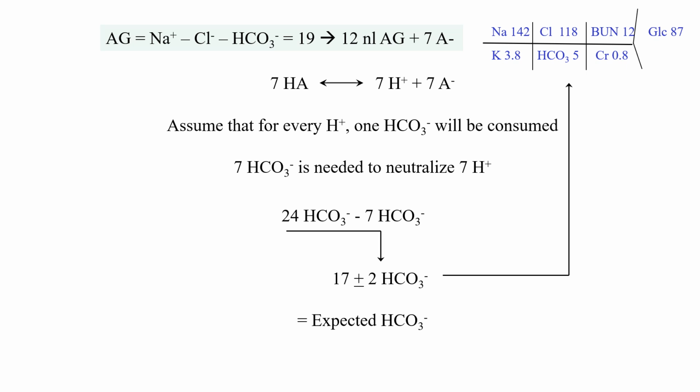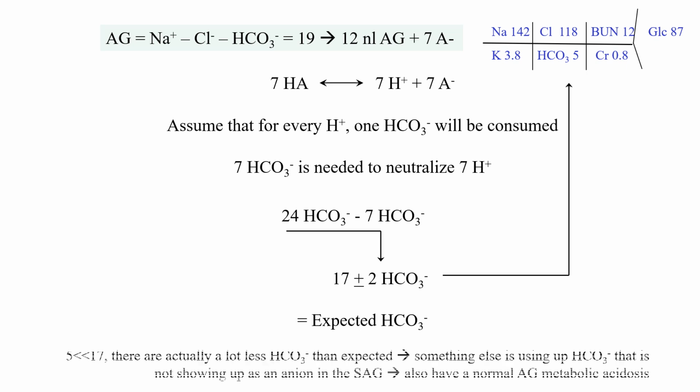In this case, the actual measured serum bicarbonate is only 5, which is much lower than what we expect. We expect to see 17 bicarbonate, but we only see 5 actual bicarbonate. What does this mean? It means that there must be another metabolic acidosis that uses up bicarbonate, but not having an accompanying anion for us to detect in the serum anion gap.